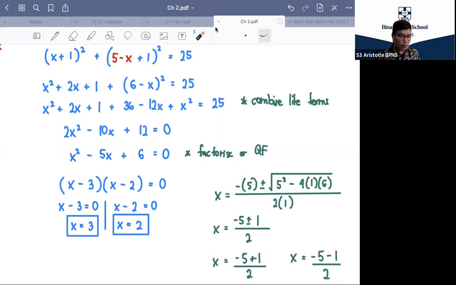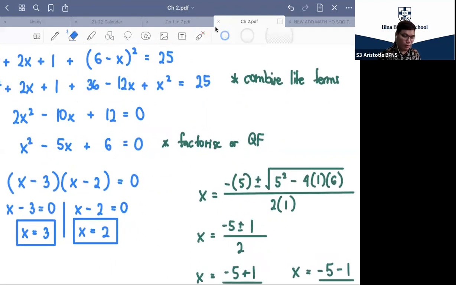Okay. Sorry, this is negative 5. All right. Anyway, I'm still correct. So this should be positive 5, not negative 5. All right. Oops. Okay. Sorry. All right. So anyway, let's go.